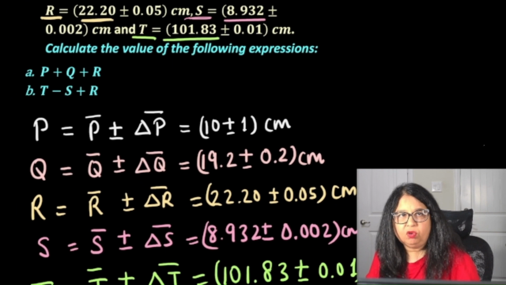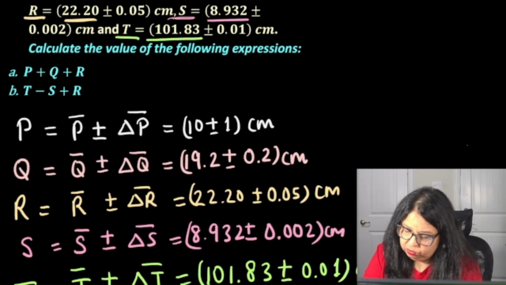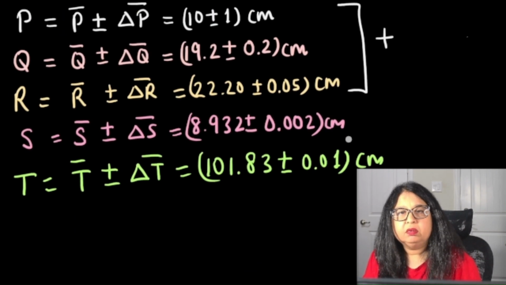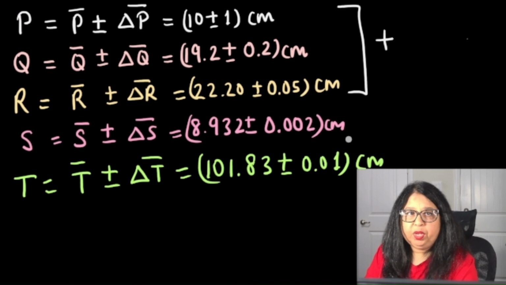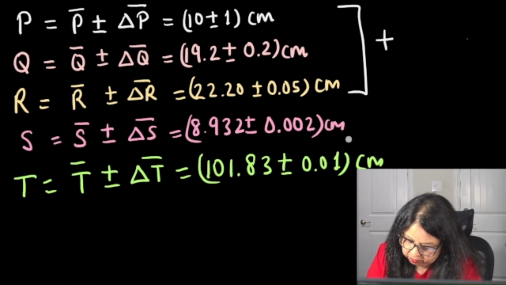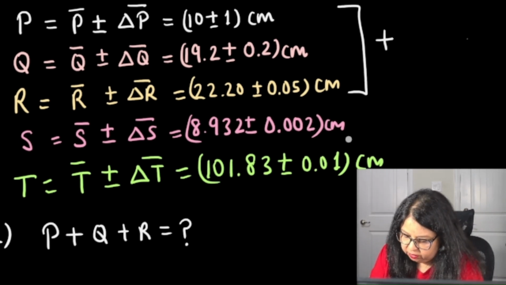Okay. What are we doing next? We are asked to solve for P plus Q plus R. So we are basically adding these three. P plus Q plus R. Solve for this.